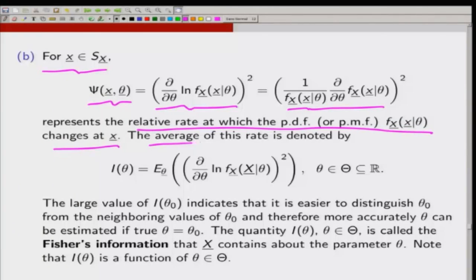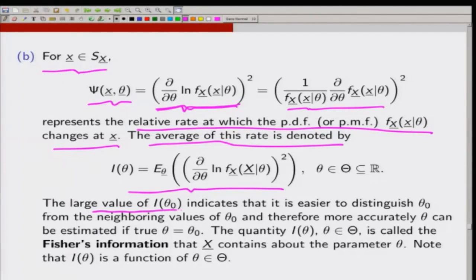The average of this rate is defined by the expected value of this quantity. So this, which we call I(theta), represents the relative rate at which the PDF or the probability mass function changes at the point x with respect to theta.